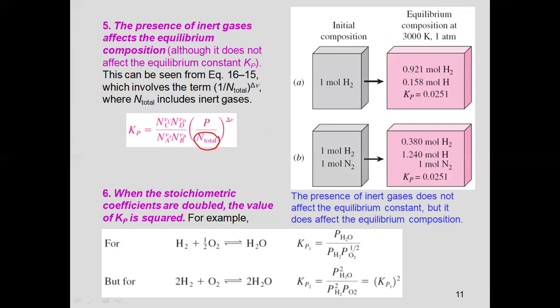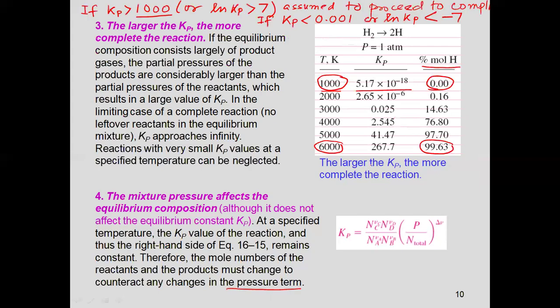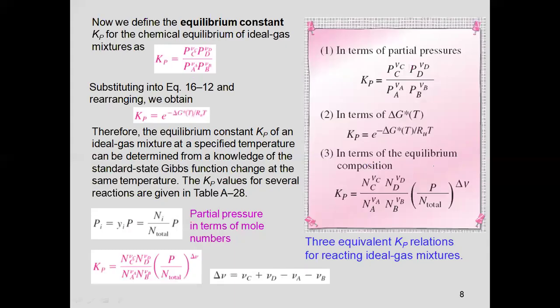Okay, in the previous case, I forgot to mention that if you have this P increased, but delta nu is negative, in that case the change will be in the opposite direction. That means pressure is increased, but delta nu is negative.